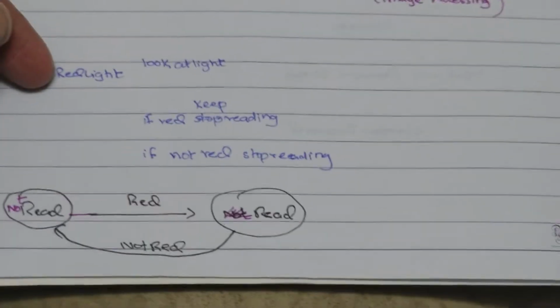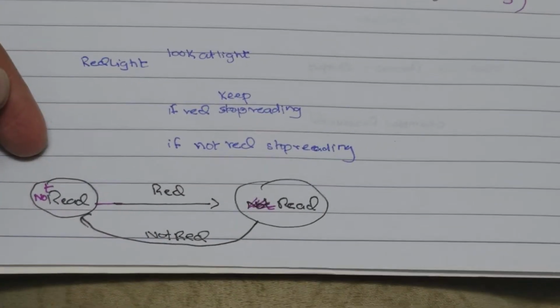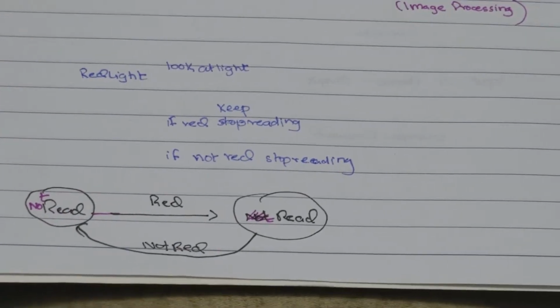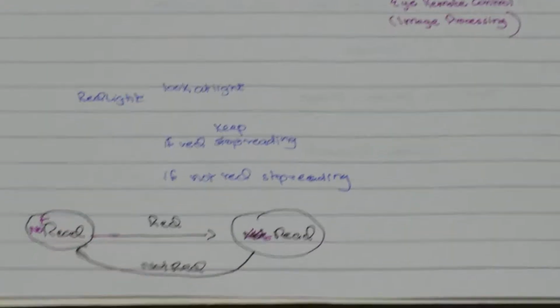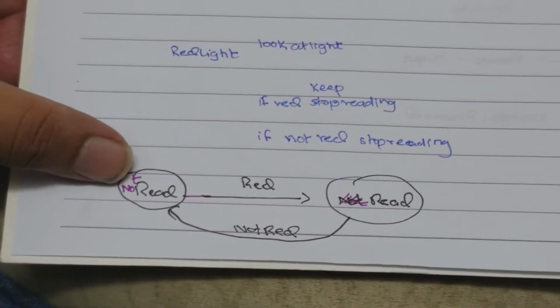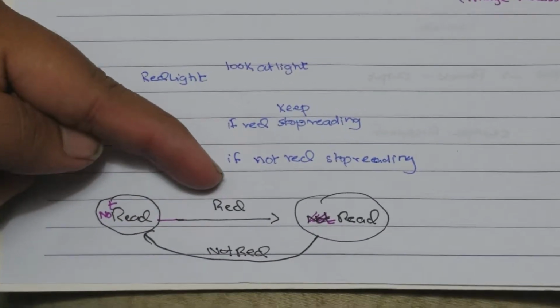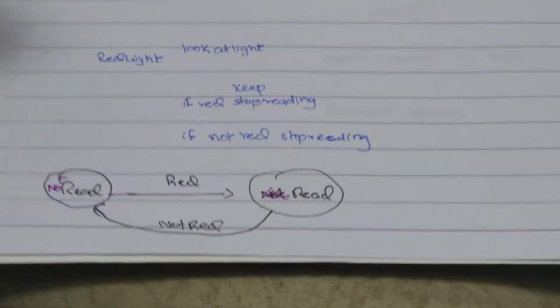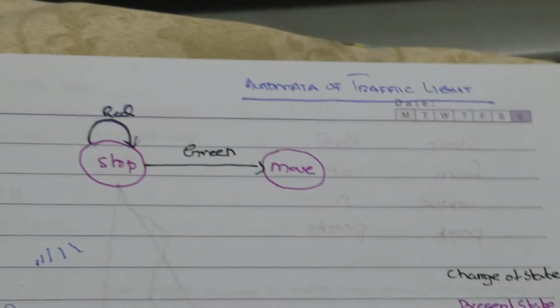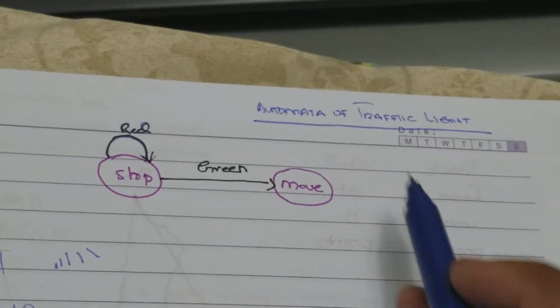Here, we are building the automata of reading and not reading. Excuse me, this is the red light automata. If a person is at a signal and he's reading a newspaper in his car, hold on, this is the correct version right over here. See, this is the automata of a traffic light.